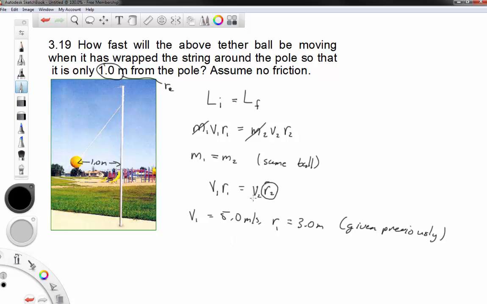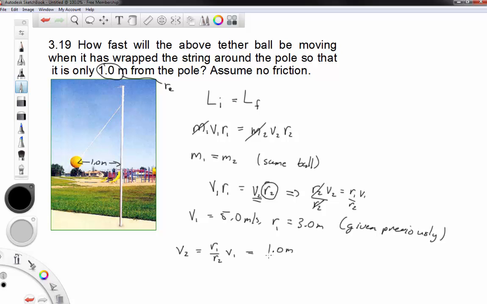We're trying to solve for this term right here. We can do that by rearranging the equation. r2 v2 is r1 v1, and now we divide both sides by r2. And so v2 should be equal to r1 over r2 times v1.